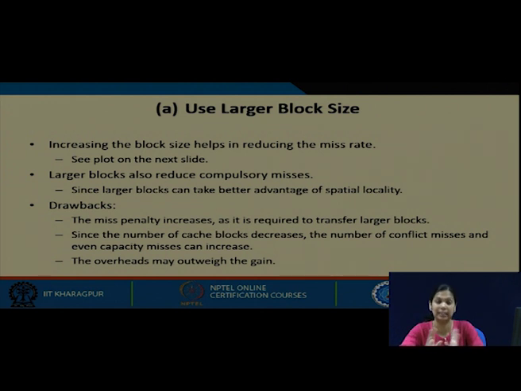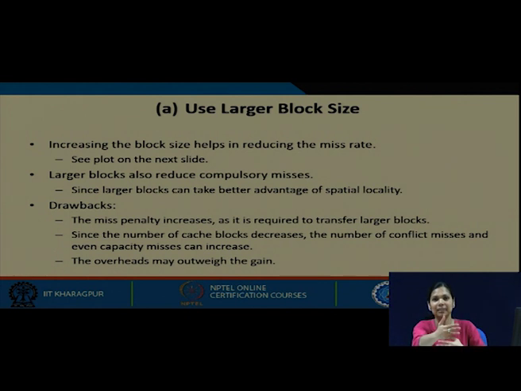Since the number of cache blocks decreases, the number of conflict misses and even capacity misses can increase. Conflict misses happen, as we know, for direct mapping and set associative mapping, where different blocks of main memory are mapped to the same block of cache memory. This conflict will be more because you have a smaller number of blocks, since the block size has increased.